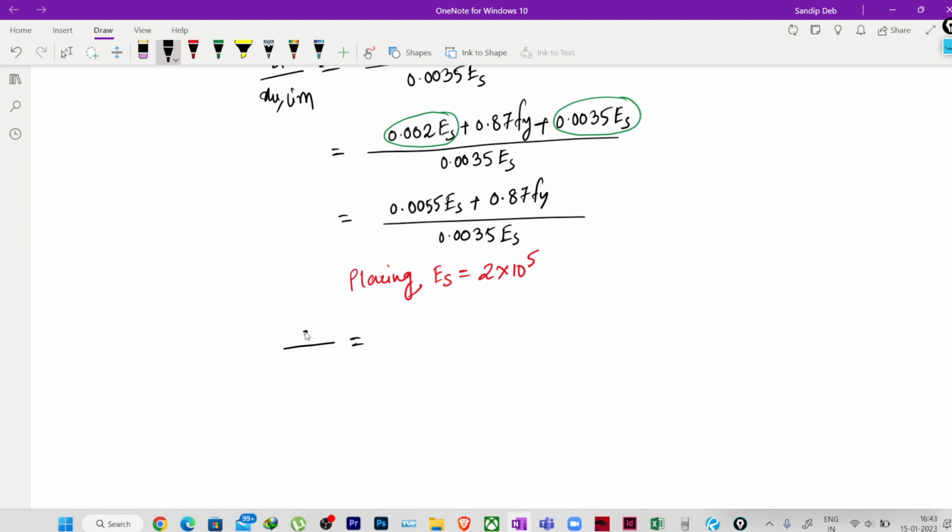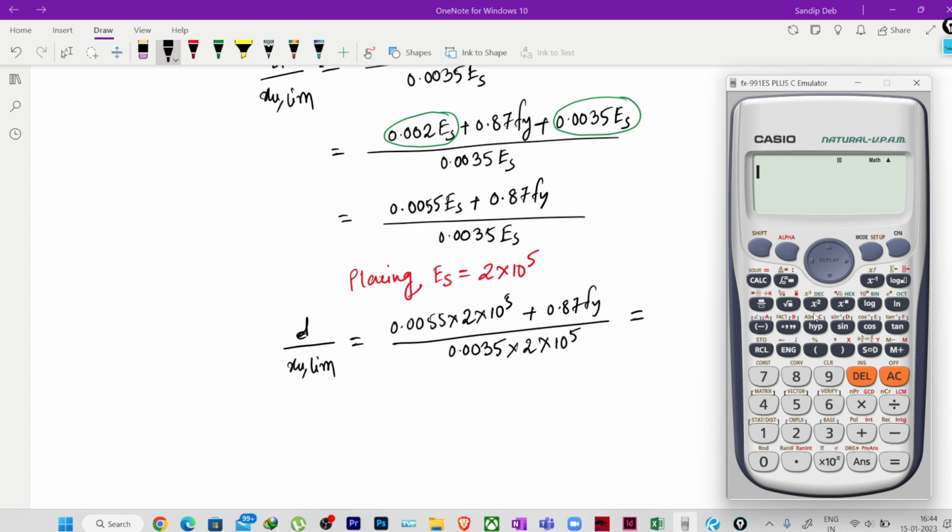D by XU limit equal to 0.0055 multiplied by 2 multiplied by 10 power 5 plus 0.87 FY divided by 0.0035 multiplied by 2 multiplied by 10 power 5. Okay, so how much will we be getting here? You can just do it easily.